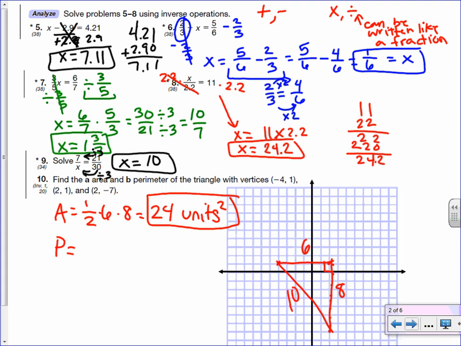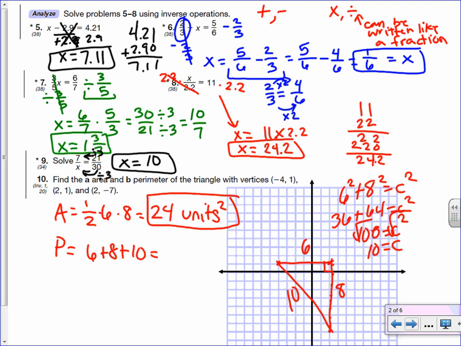The other way that you could do it is the Pythagorean theorem. 6 squared is 36, 8 squared is 64, so we could go through and do that. Then we add up all of the sides. 6 plus 8 is 14, plus 10 is 24. And perimeter has just units, plain.